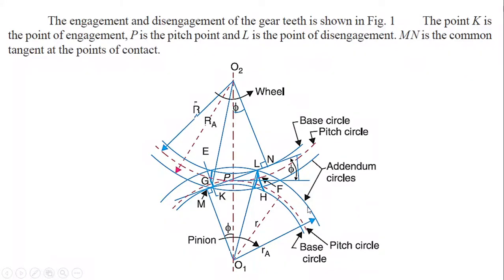Similarly for the pinion, addendum circle, pitch circle, and base circle. Here is the common tangent, touching the contact point of the pitch circles. At point K both gear teeth start to engage, and point P is the pitch point. This is the pitch circle point of contact of both the gear and the wheel.